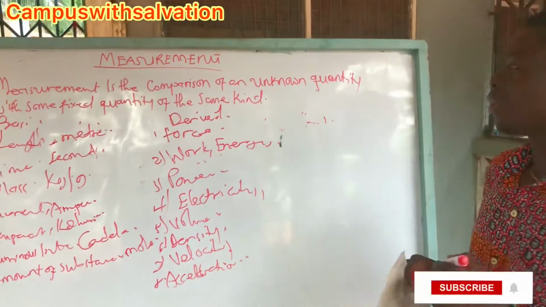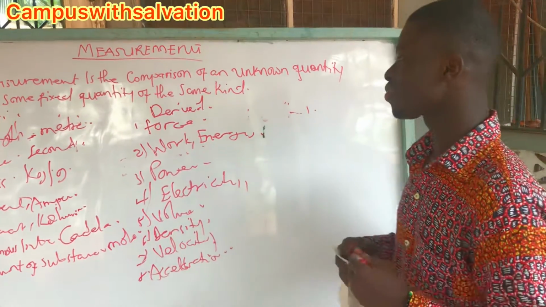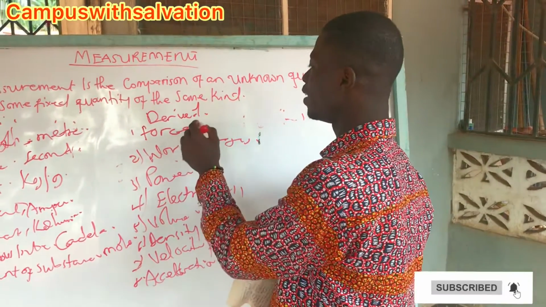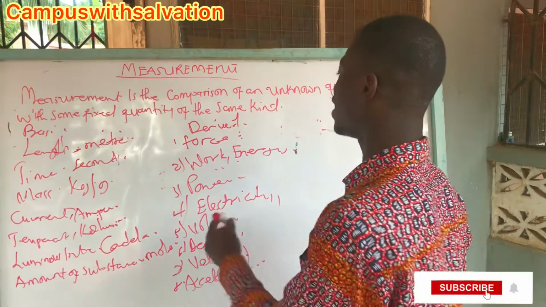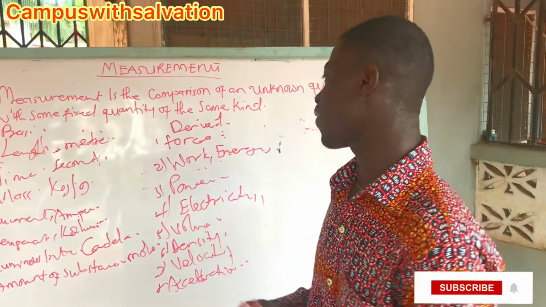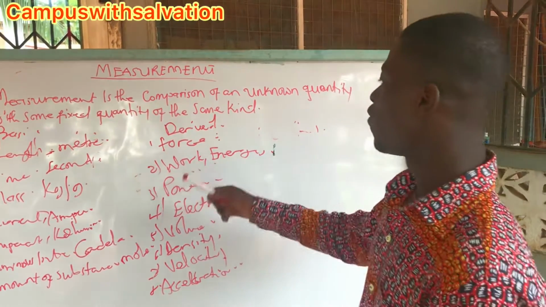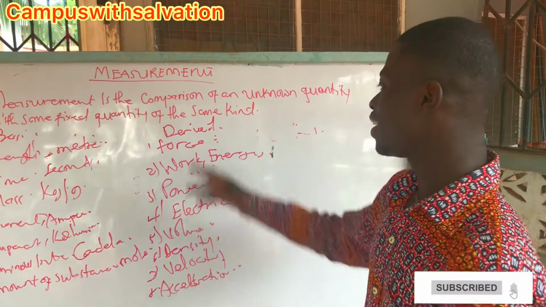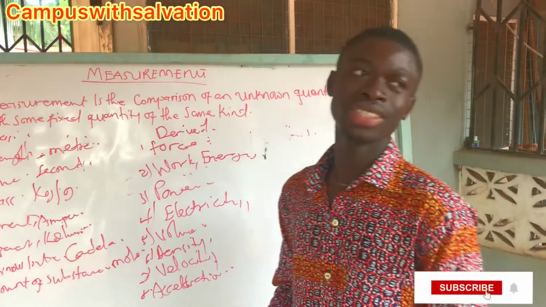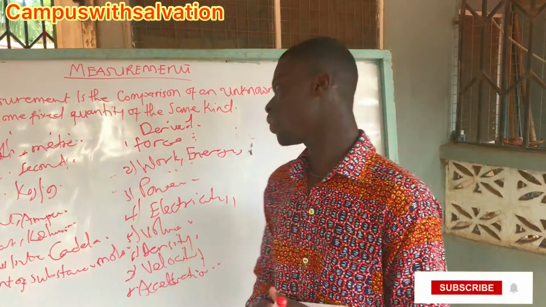There are many, but we will tackle a few of these. And these quantities have their own formulas and their own SI units we use to measure them. So after calculating the value for force, work, power, electricity, volume, each has its own SI unit we use to attach to it.